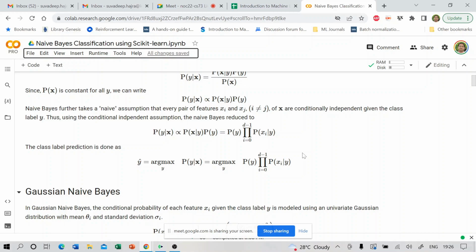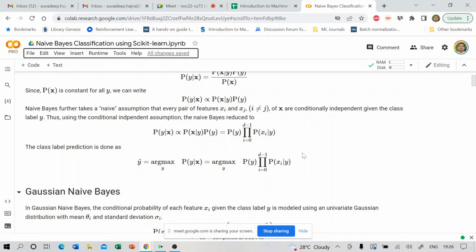So the total number of parameters is 2 into k into d, but it's not enough. This is the total number of parameters in this part, and we need some parameters to represent the marginal class probability, or class prior.